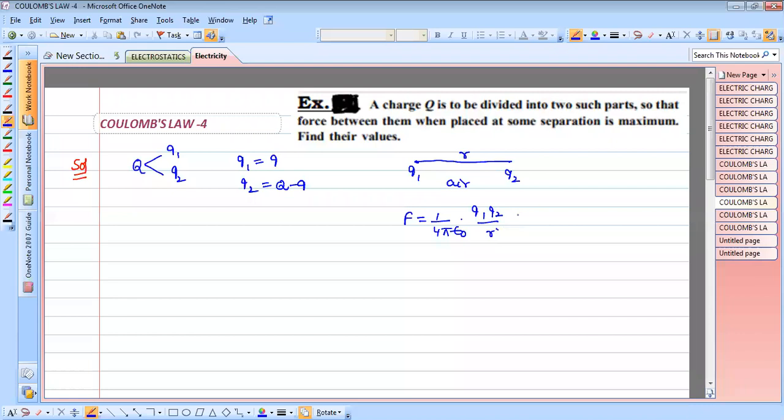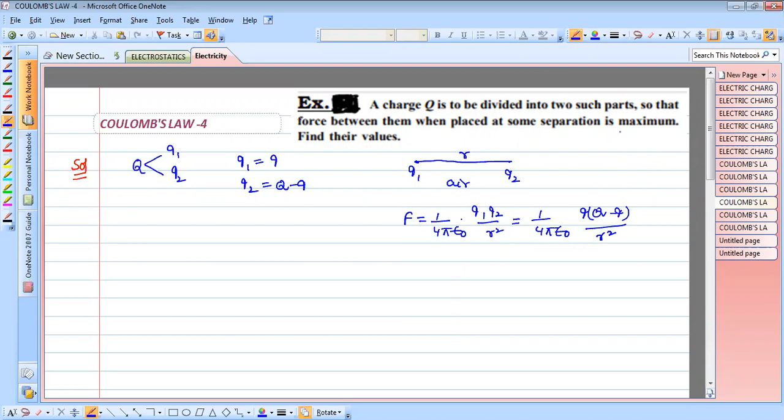Now Q1 equals small q, Q2 equals capital Q minus small q. Now this relation becomes 1 by 4 pi epsilon naught into small q into (capital Q minus small q) by R square. This is the force between these two charges.